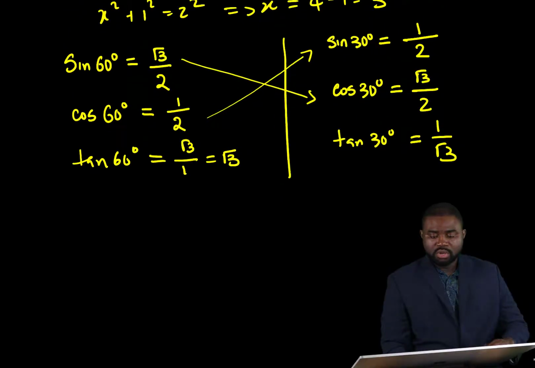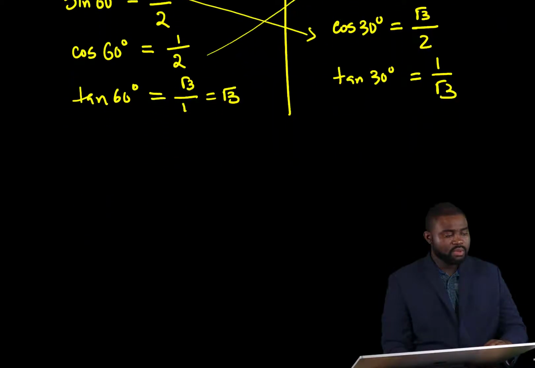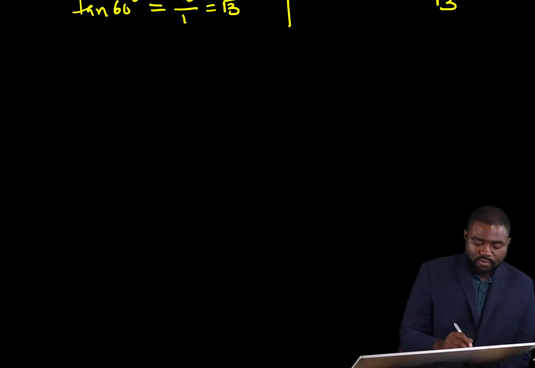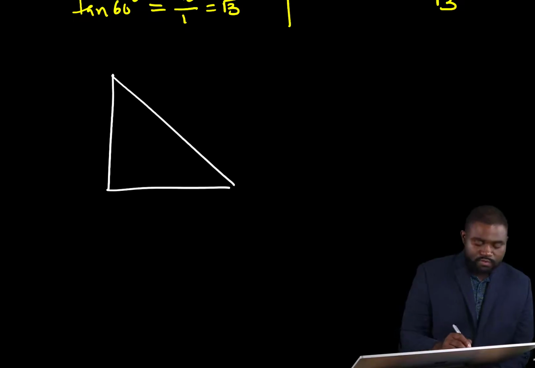Now, we are going to use the Pythagorean theorem in deriving some identities. We have here a right angle triangle. Let's call this angle theta and this angle alpha.